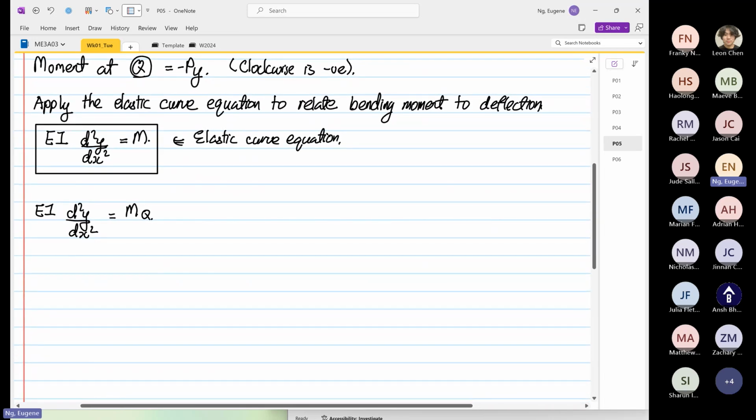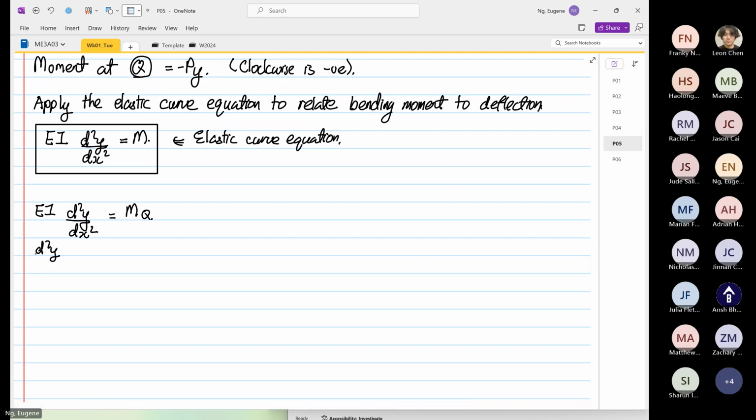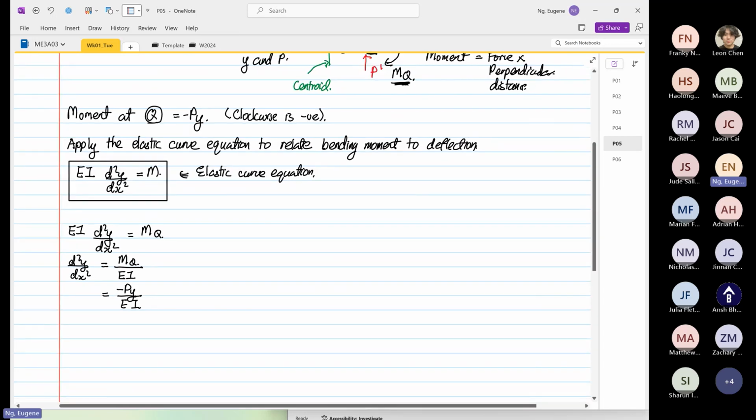So now, if we were to rearrange the expression, we have d squared y over dx squared equal to the moment about point Q over EI. And we know that the moment about point Q is equal to minus Py, so minus Py over EI.